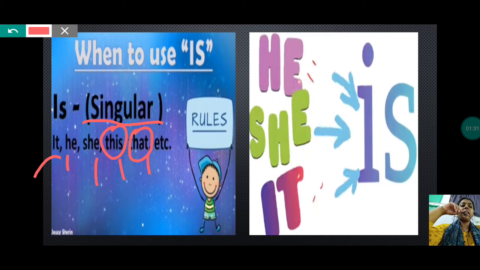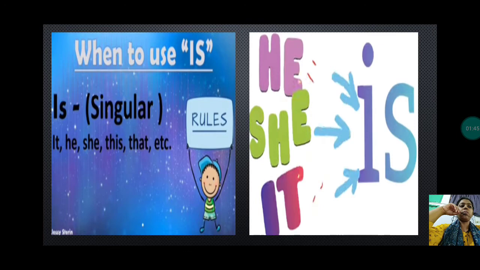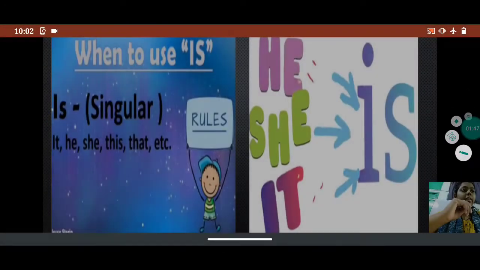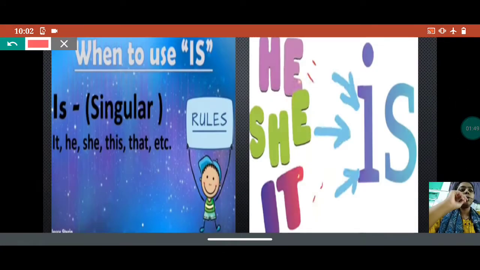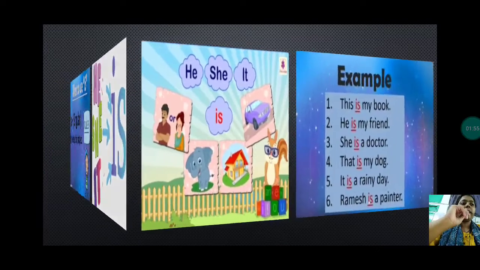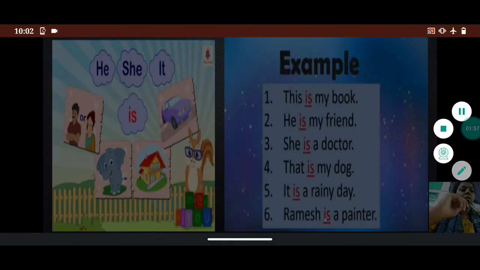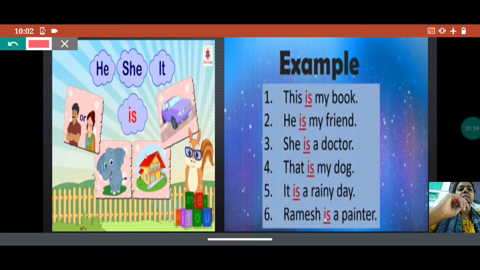This is used when we are talking about a singular noun that is near us, and that is used when we want to talk about those nouns that are far away from us. So is is used with he, she and it. That means singular nouns.